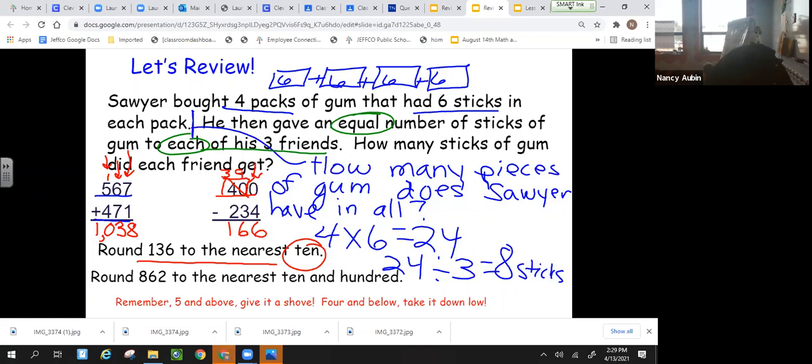You're rounding 136 to the nearest 10. Well, I heard, which one do we look at? If you're rounding to the nearest 10, you're looking at the digit to the right of it. So you have to look at the 6.